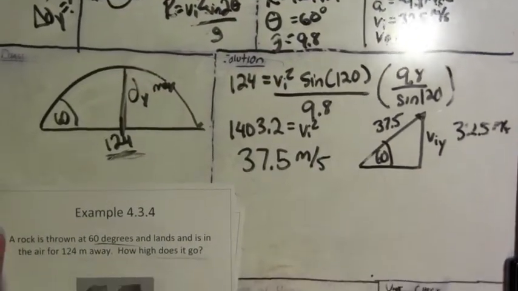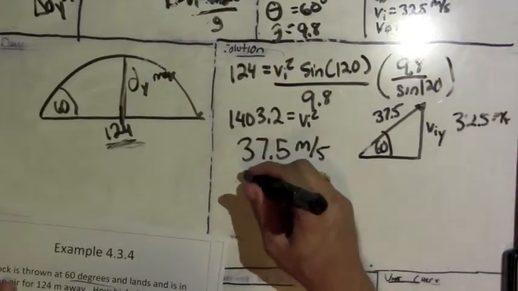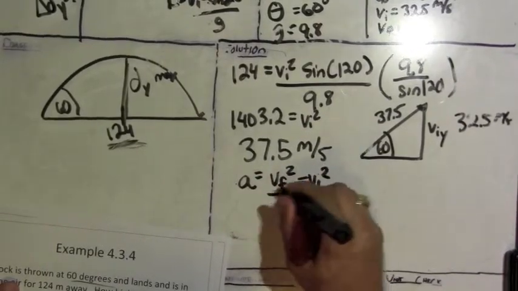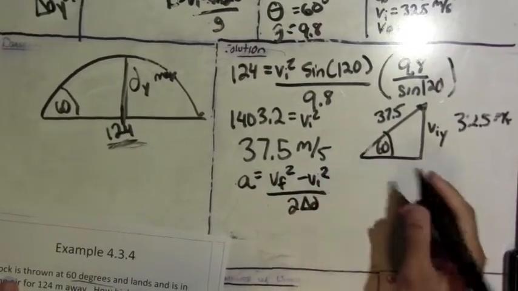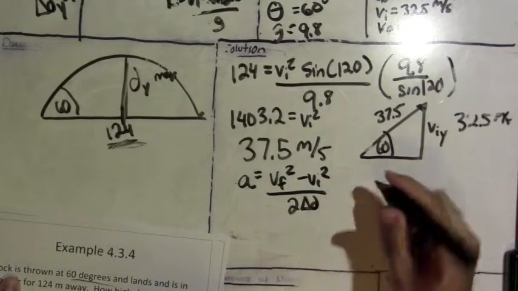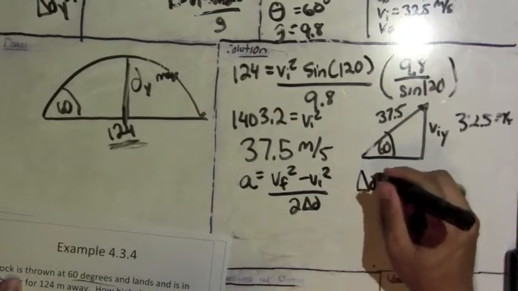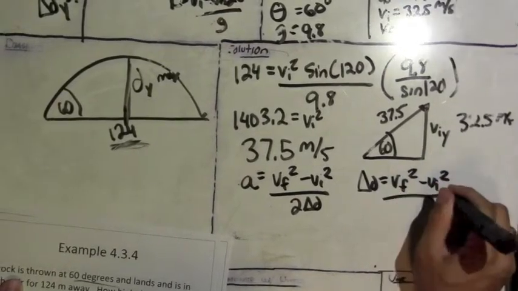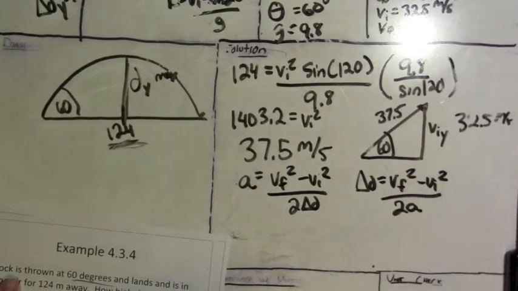So the equation that does not have time in it is a equals vf squared minus vi squared over 2 delta d. I'm going to isolate for d, so we're going to get delta d equals vf squared minus vi squared over 2a.